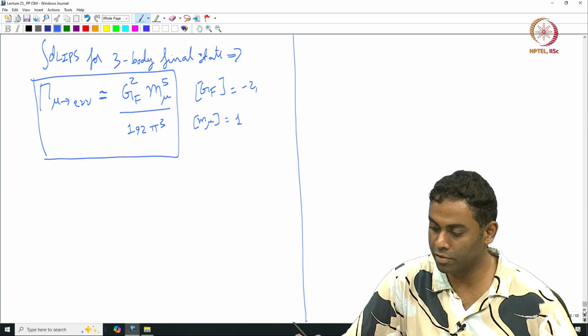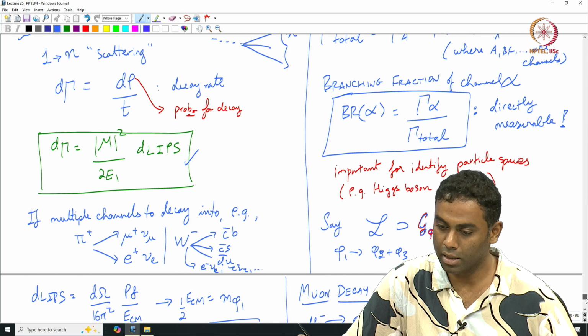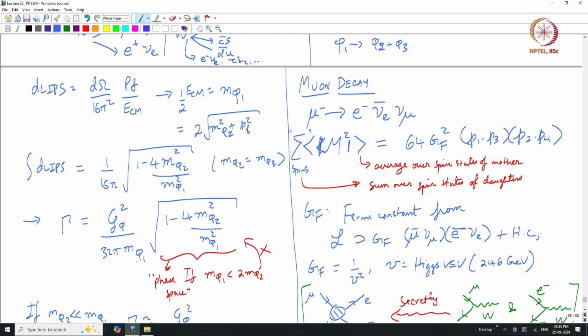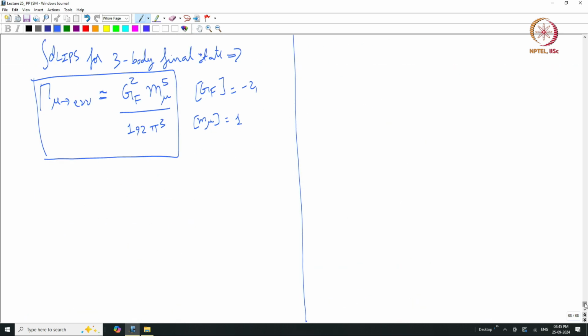This is different from the previous case where we had a coupling with positive dimensions, so we had the mother's mass in the denominator. Now we have a coupling of negative dimensions, and it had to be squared because it is in the rate. To compensate, I have 5 powers of the mother's mass in the numerator. This is how you do sanity checks for a sensible expression for the decay rate. And of course, the 192 pi cubed comes from phase space.